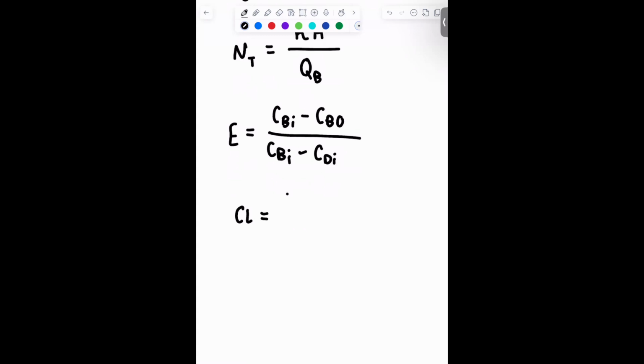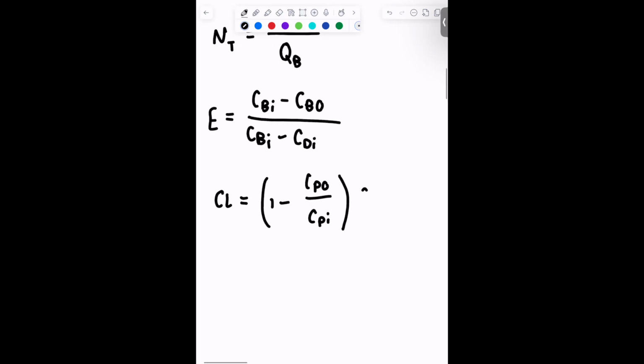So that's going to equal 1 minus CPO over CPI, which is the ratio between the plasma concentration at the outlet, which is CPO, over the plasma concentration at the inlet. And we can multiply that by QB, which again is the blood flow rate. So this would be used in the equation if we were using blood as opposed to water.